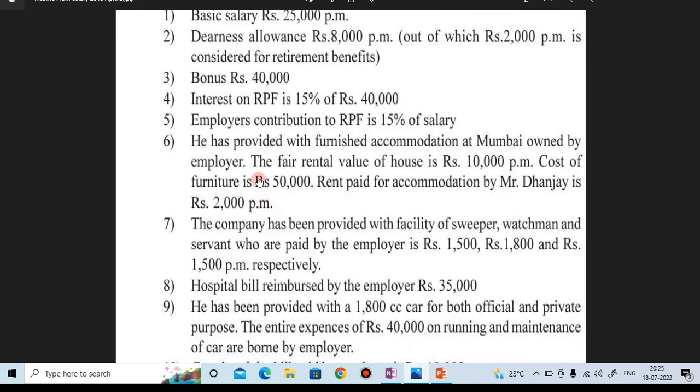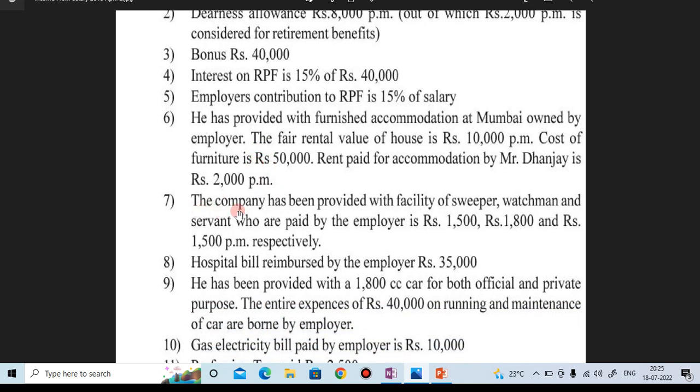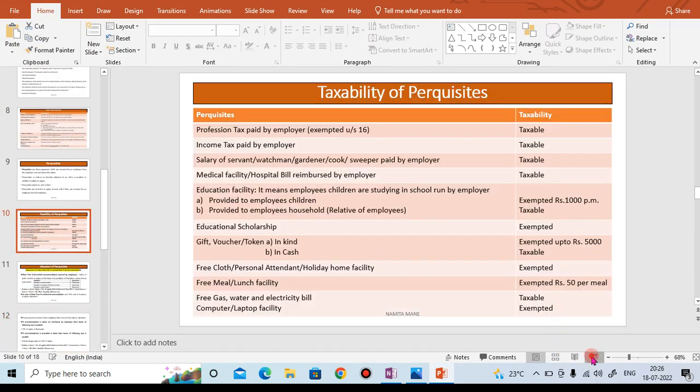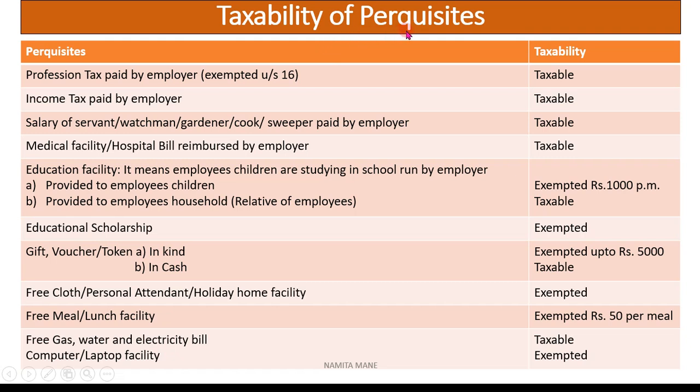Now after this, next is, the company has provided the facility of sweeper, watchman, servant who are paid by the employer, that is 1,500, 1,800 and 1,500 per month respectively. Now sweeper, watchman, servant are perquisites. Okay, these are all perquisites. So read here in the taxability of perquisite.